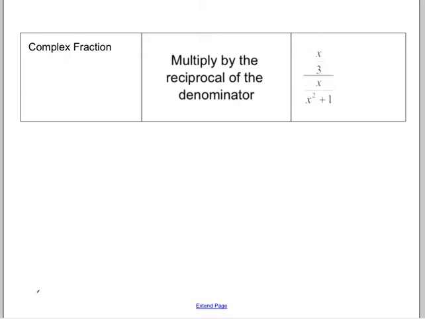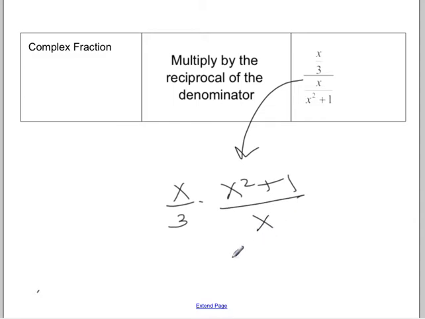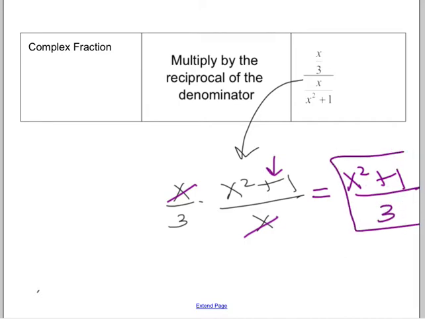So in order to solve this problem, it would really be x over 3 times x squared plus 1 over x. And same as before, I would notice my x's will cancel. That does not factor because it is not a difference, it's an addition. So I would just have x squared plus 1 all over 3.